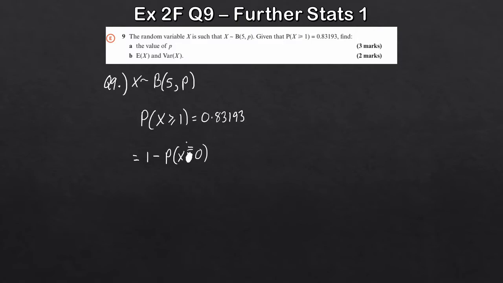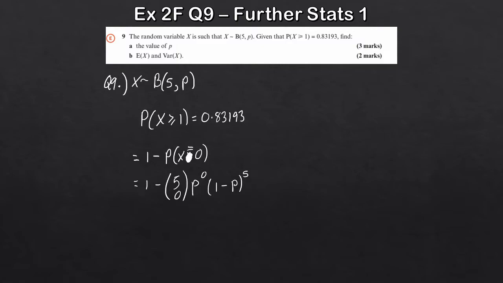So that's the beauty of this question, because we can work this out exactly now. So this is going to be 1 minus, and I'm going to apply my formula to work out the probability that x is equal to 0. So that'll be 5 choose 0, times p to the 0, times 1 minus p to the 5.